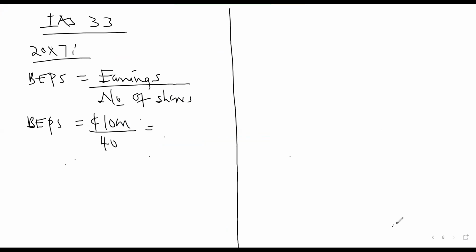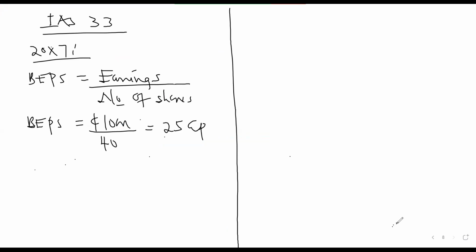So would that be 0.25? Okay, so we make it 25 pesos. You just multiply your answer by 100. The earnings per share should be calculated in the highest denomination of the currency. So if it is 0 point something, just multiply it by 100 to change it to pesos.